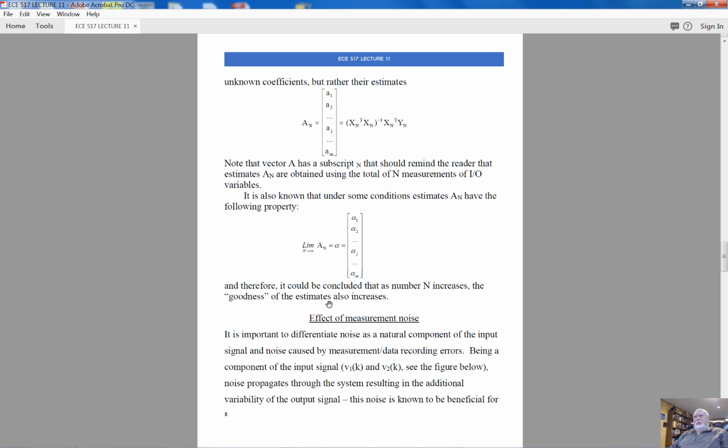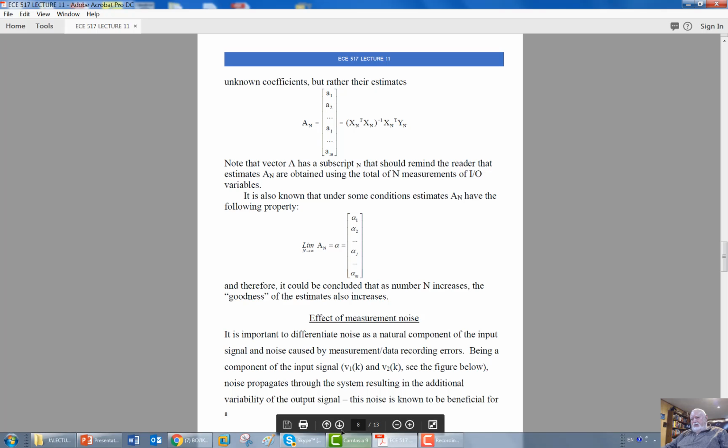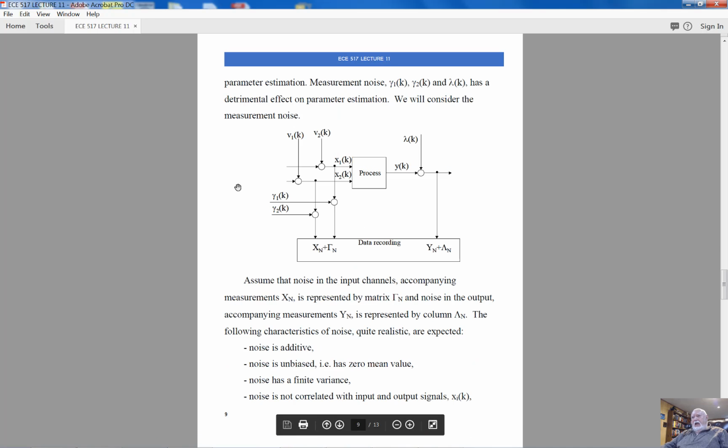At the same time, noise has a different meaning, and I want you to be very clear about this reality of life. I put together a drawing. The drawing features the process. And for simplicity, I assumed two input variables, x1 and x2, and one output variable y.